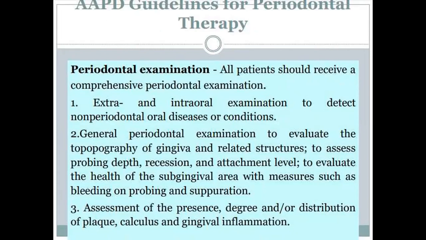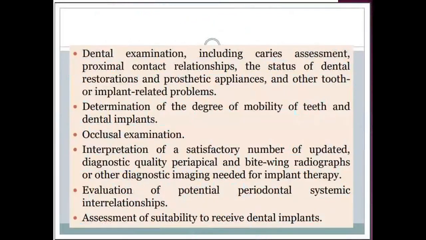So generally, they require a periodontal examination, that is, extraoral and intraoral examination to detect periodontal diseases or conditions. This is to evaluate the topography of the gingiva and related structures, such as probing depth, recession, and attachment level, and to evaluate the health of the subgingival area with measures such as bleeding on probing and suppuration. Next would be the assessment of the presence or degree of distribution of plaque, calculus, and gingival inflammation.